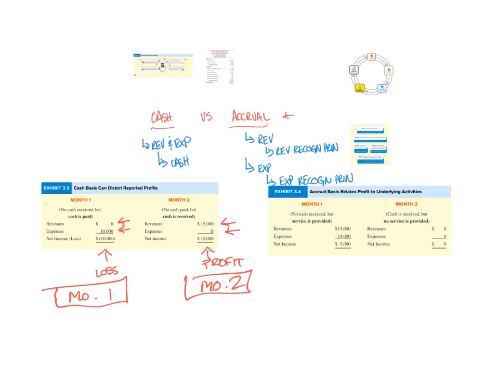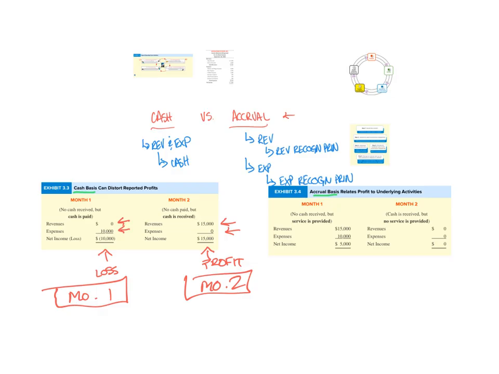In this second analysis of the exact same information, but this time using accrual basis accounting, where the previous one used cash basis accounting, we can see that we're able to match the revenues from providing goods and services with the expenses or the cost it took to provide those goods and services.